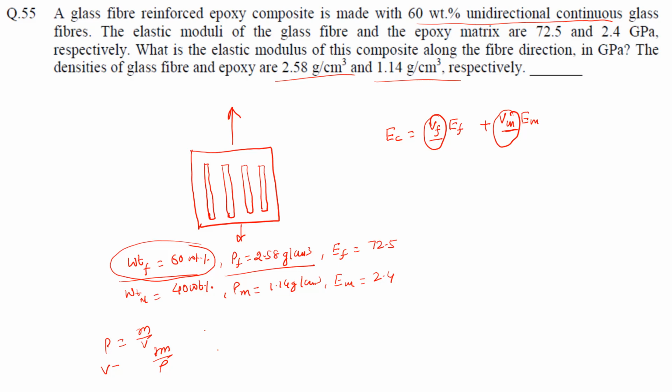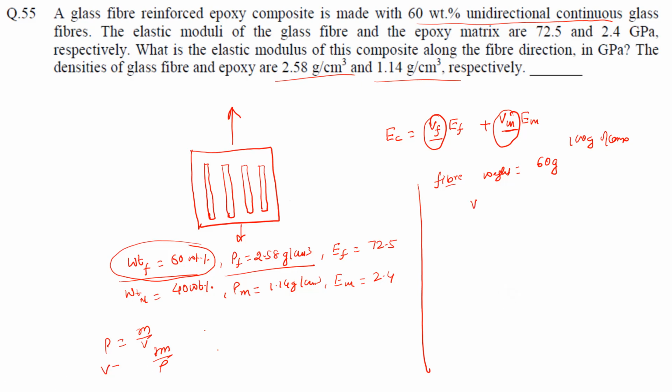So we will do this for fiber. The weight is given as 60 weight percent, so let us suppose we have 100 gram of composite. It will be 60 gram of fiber.